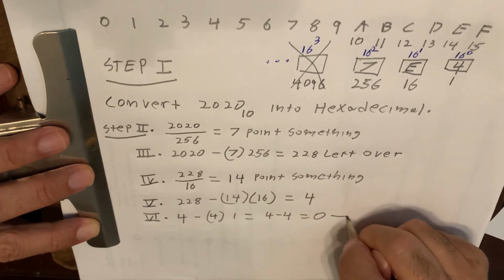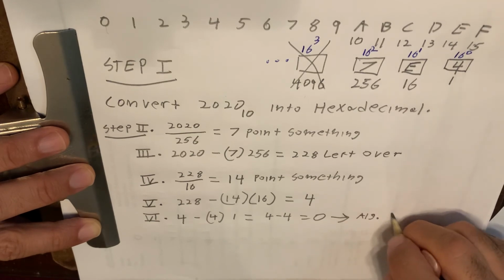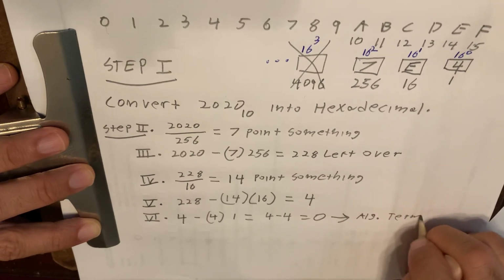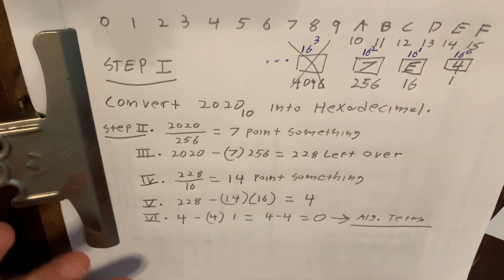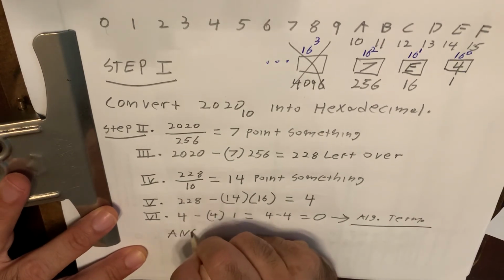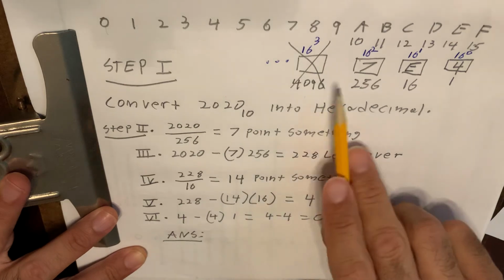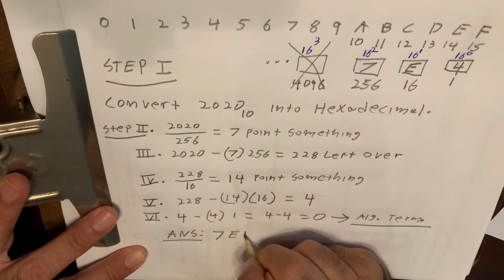And the 0 tells us that the algorithm terminates. I'll just write ALG for algorithm and TERM for terminates. Terminate means finish or end, right? So the algorithm terminates and we are done. And so our final answer is 7E4.